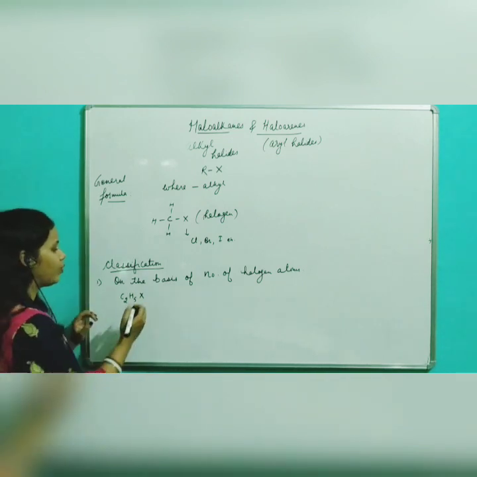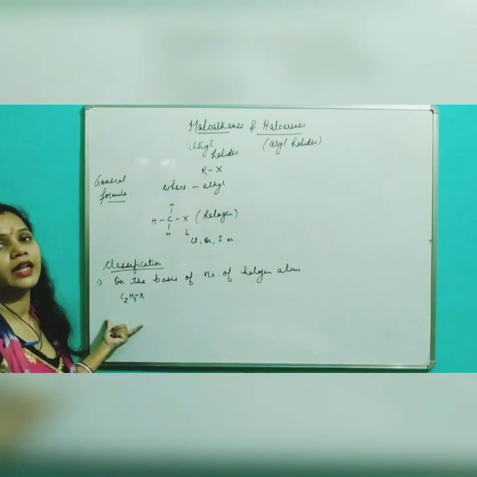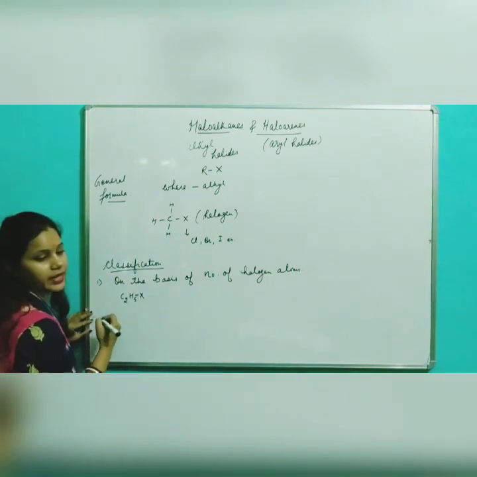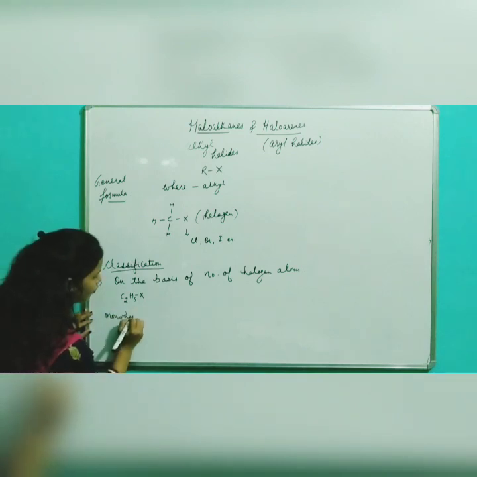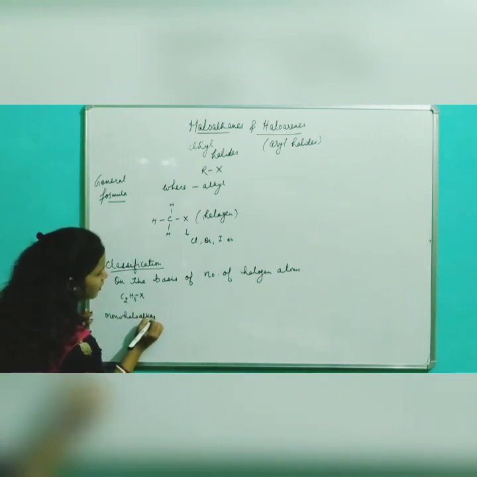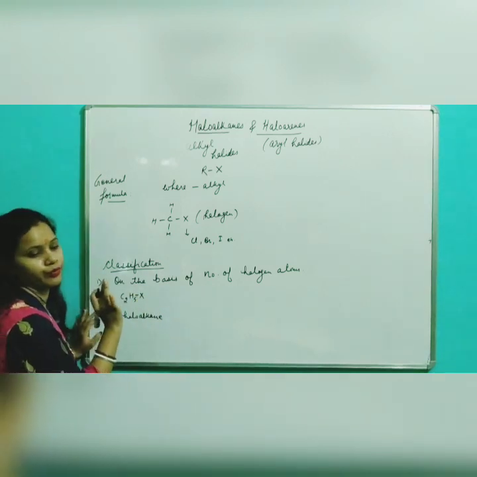Here we can see only one halogen atom is attached to the alkyl group. That is why it can also be called a monohaloalkane, since it is attached to only one halogen.